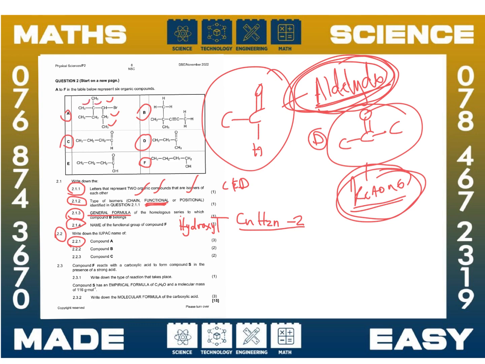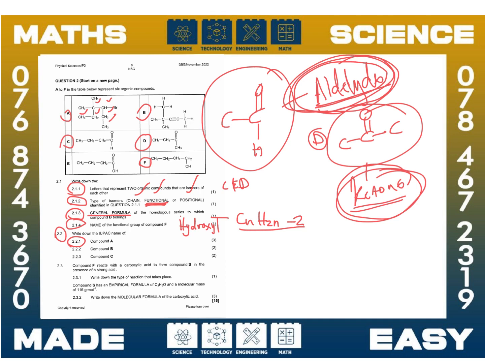Okay, and again, let's check. 1, 2, 3, 4, 5, 6. So we have the longest chain that goes that way. So now remember, we number from the halogen.